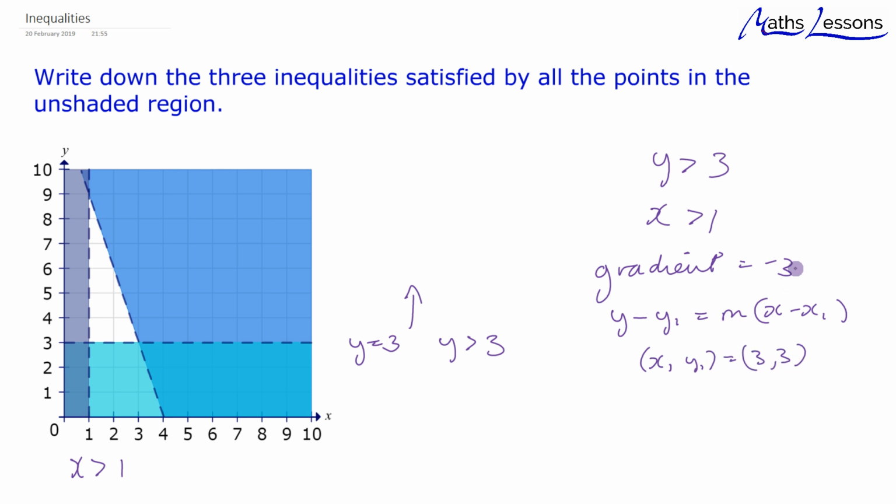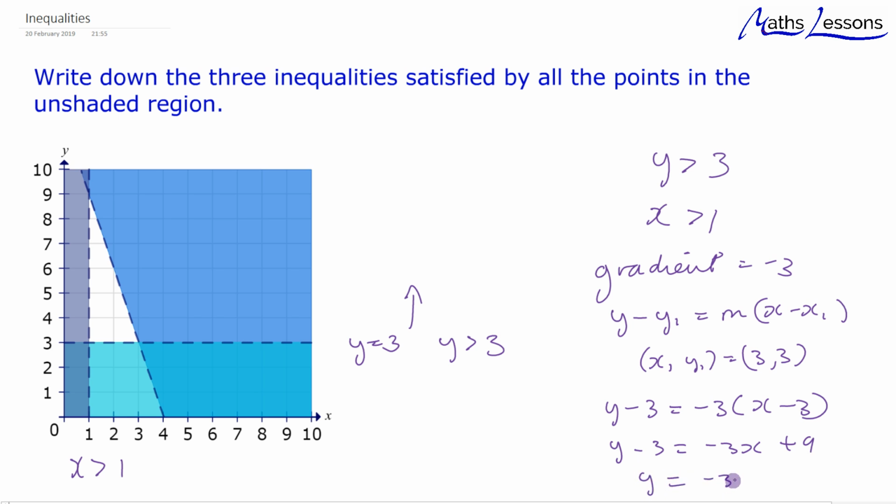And we know m is -3, so we've got y minus 3 equals -3, a lot of 3's going on here, (x minus another 3). So we know that that line is going to be y minus 3 equals -3x plus 9. And let's just make it nicer, y equals -3x plus 12.